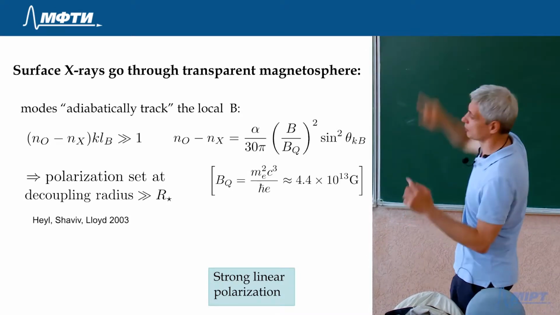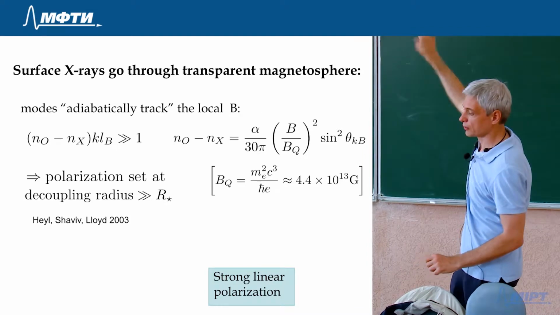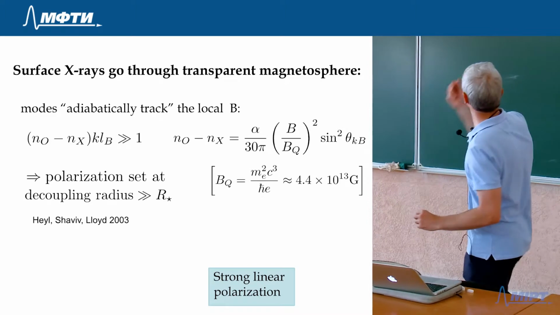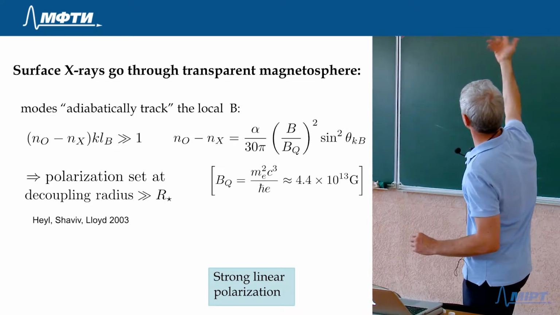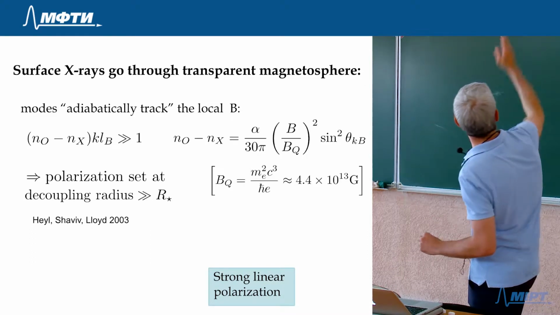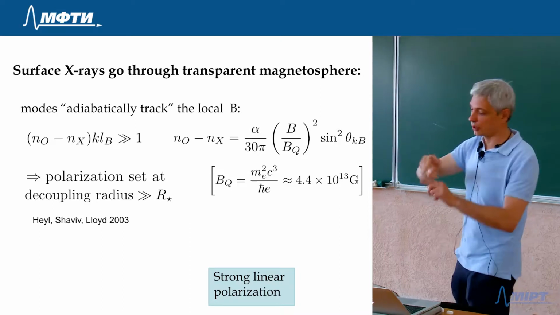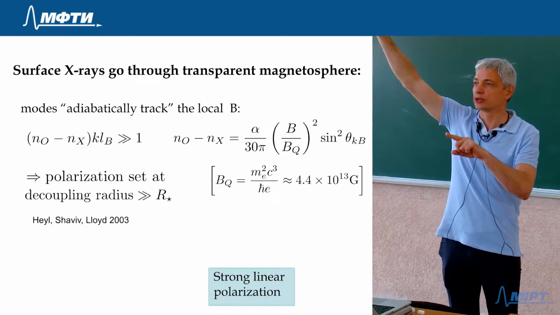Theta is the angle between the photon direction and local B. So the two refraction indices are different. That means that the phase speeds of the two waves are slightly different. And this difference times k being much larger than 1 is the condition for this adiabatic tracking. When you get to the small B region, this condition is violated, and the photon just leaves with frozen polarization.